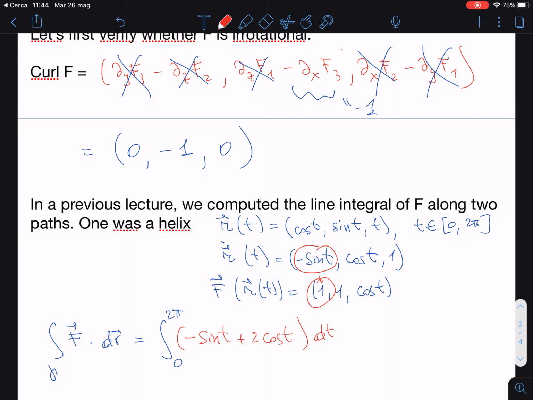The final result was 0 because these periodic functions have average equal to 0.